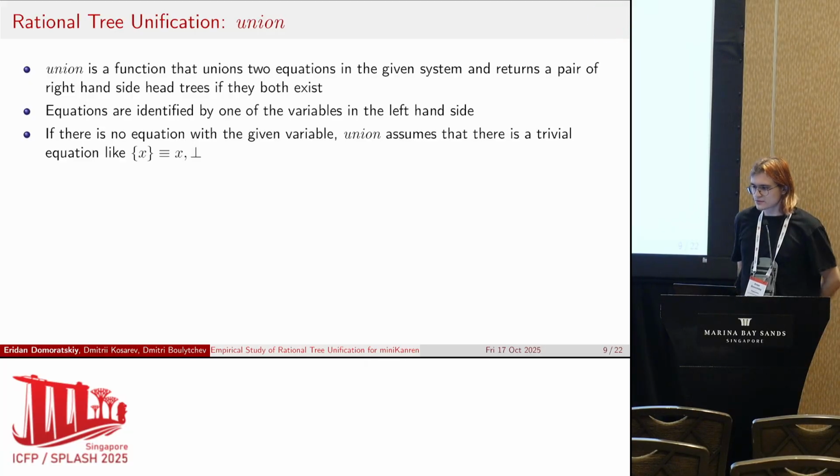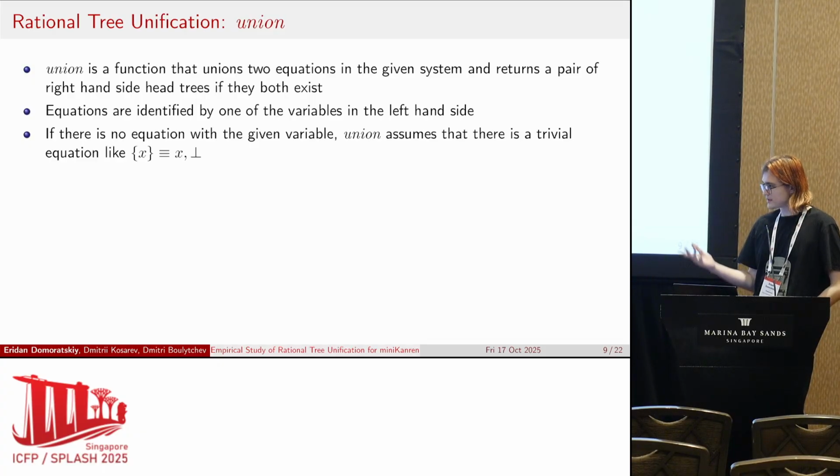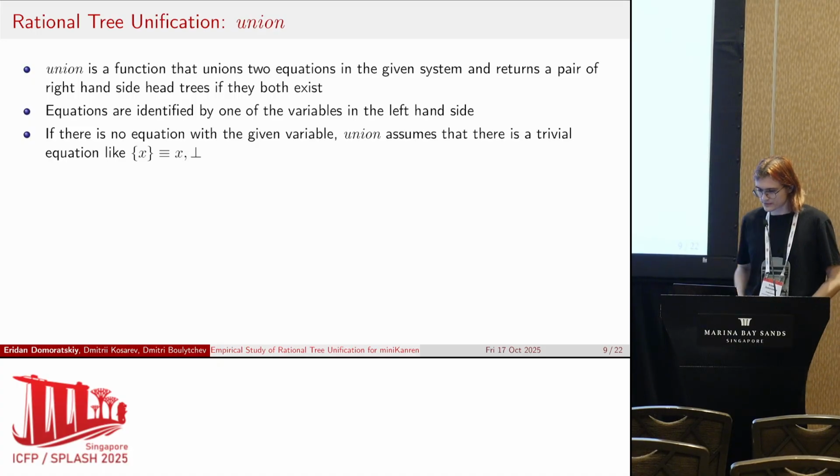Okay, we need to define some basic operations. First of them is union. Union is a function that unions two equations in the given system and returns a pair of right-hand sides. Equations are identified by one of the variables, and if there isn't such an equation, we need to assume that there is a trivial one.